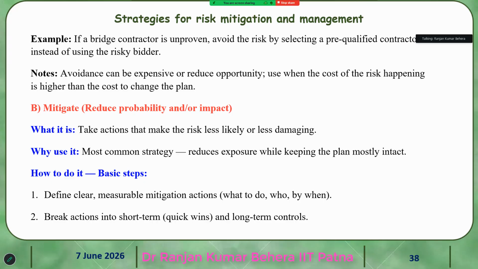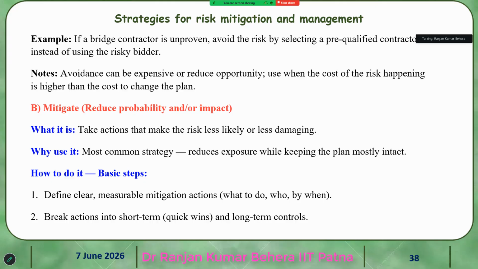Then mitigate: reduce probability and impact. What it is: take action that makes the risk less likely or less damaging.